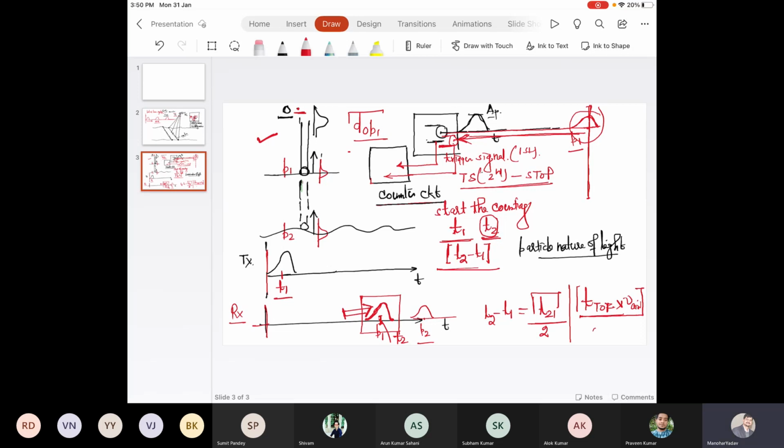Now this second pulse P2. When this is received, the trigger signal is generated and the counter stops the counting. Again, we have the second pulse. So this counter circuit has a mechanism to identify multiple returns. Again, for the second pulse, that is from the point P2, the counter generates a second time, let's say it is T3.